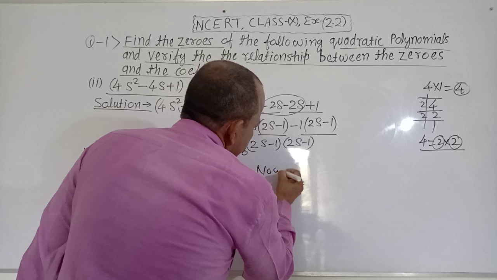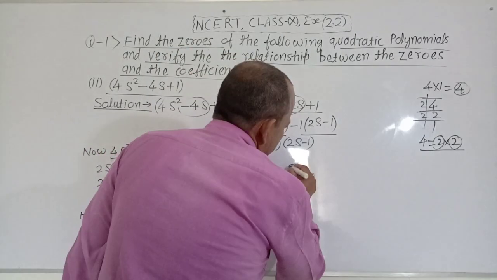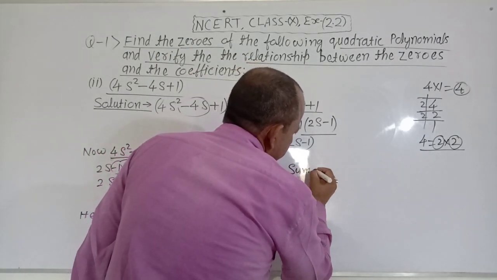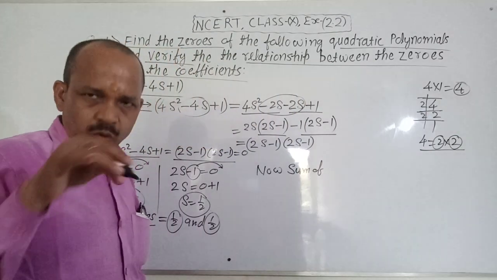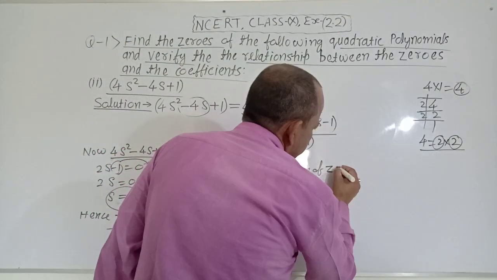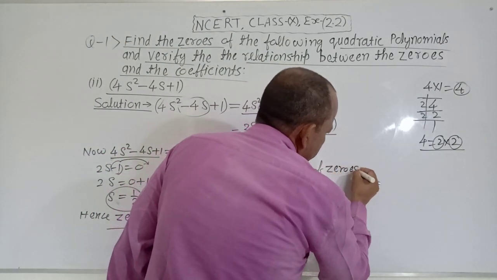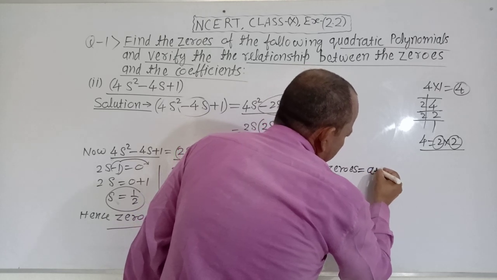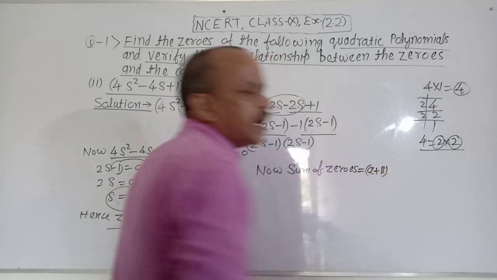Now, sum of zeros equals alpha plus beta.